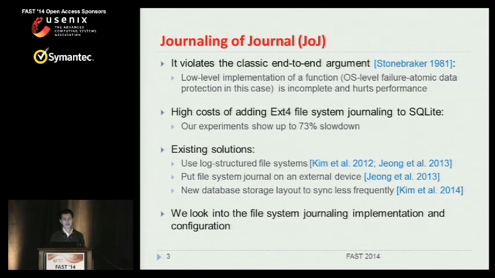These techniques are very effective in their own right, but they tend to require substantial changes in system layout and substantial application changes, as in the work that was just presented. And so we look at the solution to the problem from a different perspective, from the implementation and configuration of file system journaling.